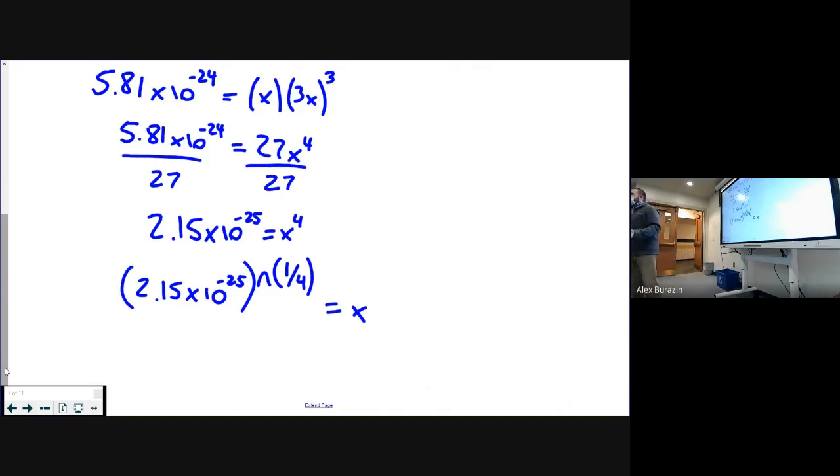But if you don't want to deal with that button, just understand that a fourth root is to the 1/4 power. Just like a square root is to the 1/2 power. An eighth root is to the 1/8 power. Okay? So if I take that number to the 1/4 power, I'm getting x equaling 6.81 times 10 to the negative 7.